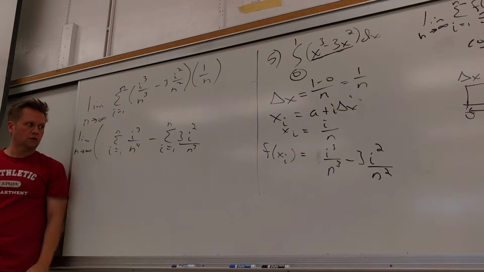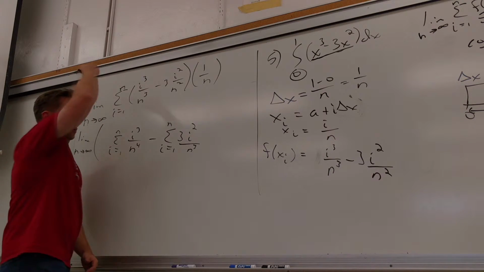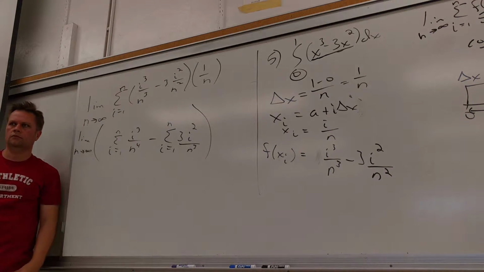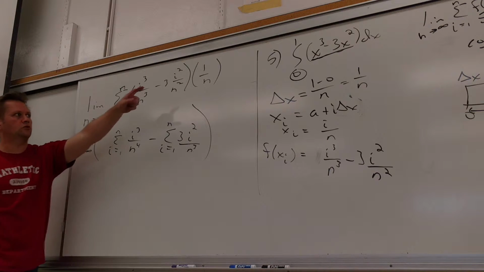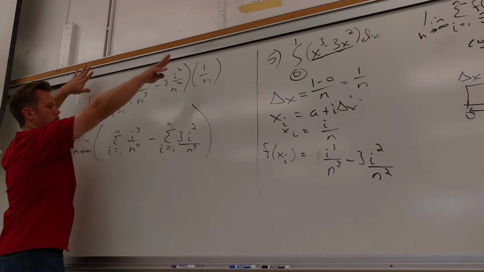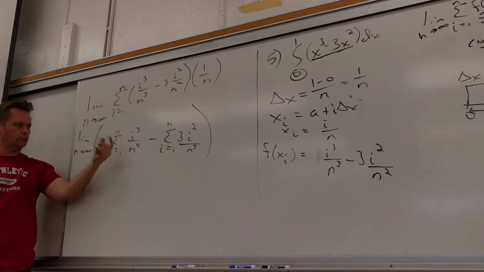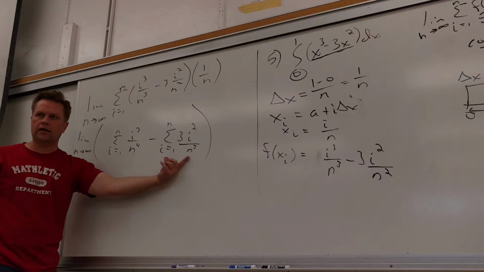Okay, good. So I just distributed the 1 over n in and broke the sum up, adding among positives and then taking away all my negatives.